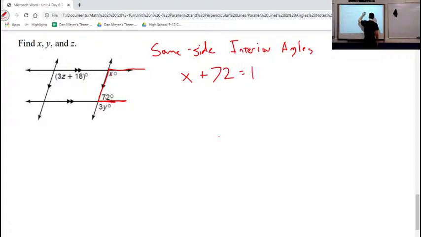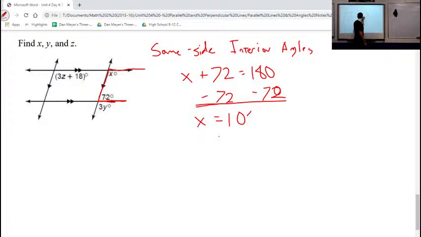We're going to add them to 180. Which leaves, if one of the angles is 72, that's going to leave the other angle to be 108. So now we know that this angle is 108.